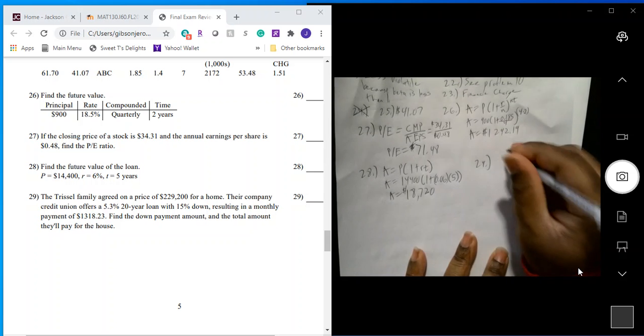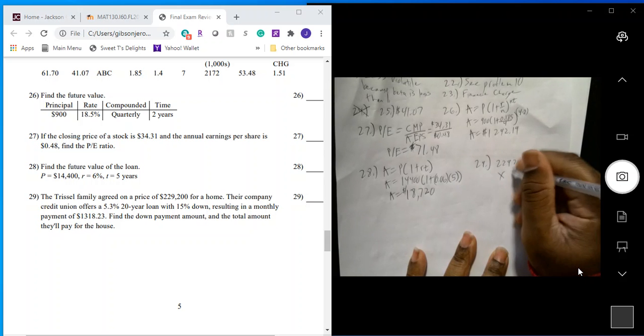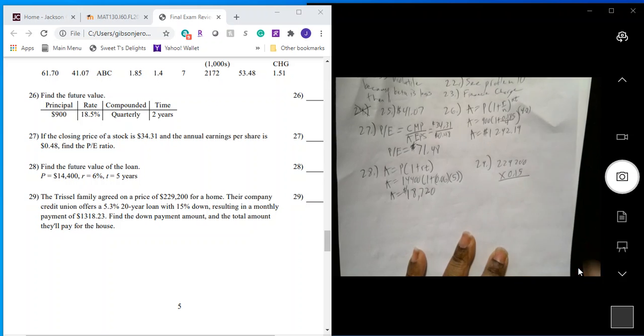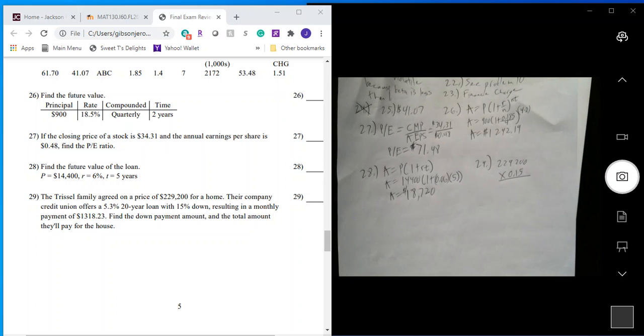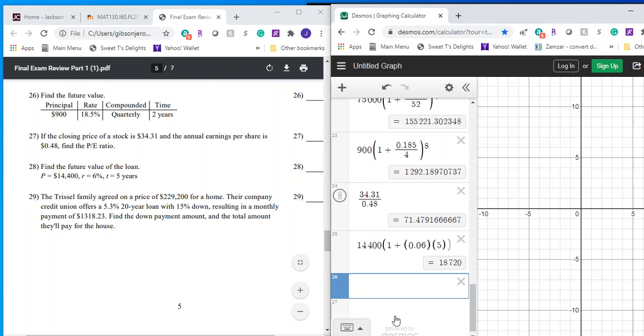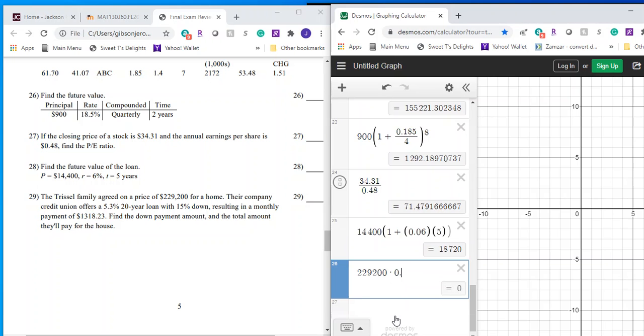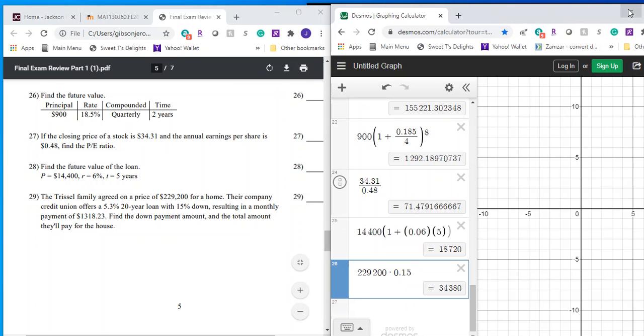So we would take the $229,200 and multiply by the 15%. As this time we're actually looking just for the down payment. So we would have 229,200 times 0.15, which would be $34,380. So that will be the down payment.